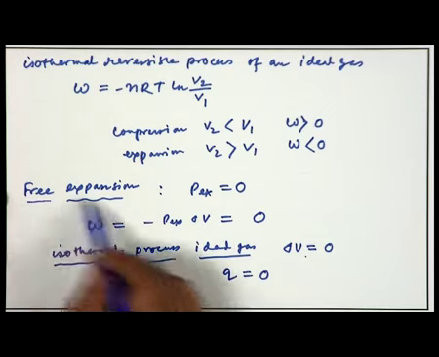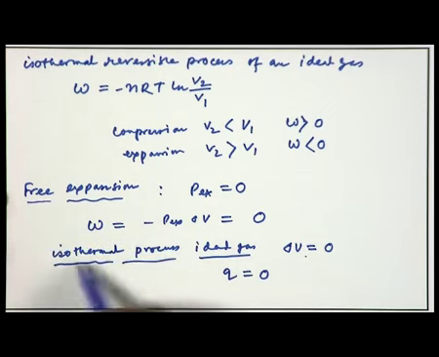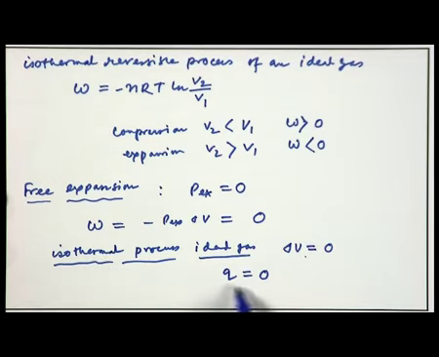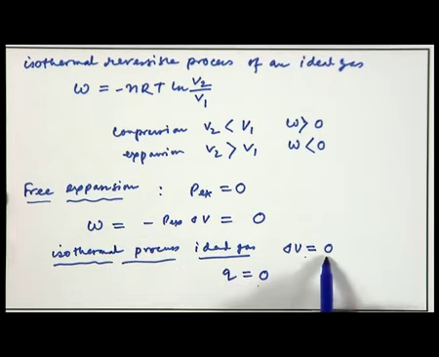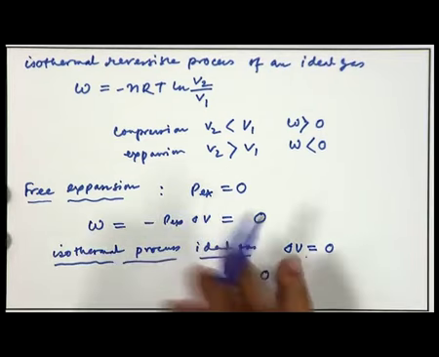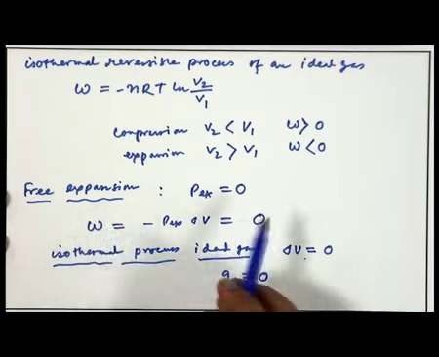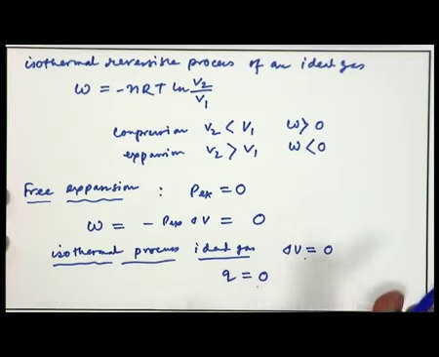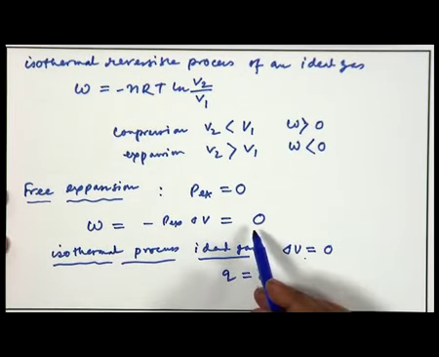So, for free expansion of an ideal gas isothermally, Q is equal to 0, W is equal to 0, del U is equal to 0. For any free expansion, all the time, no matter what the process is, W would be equal to 0.